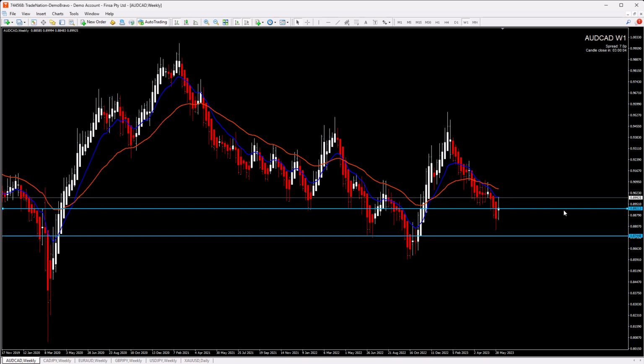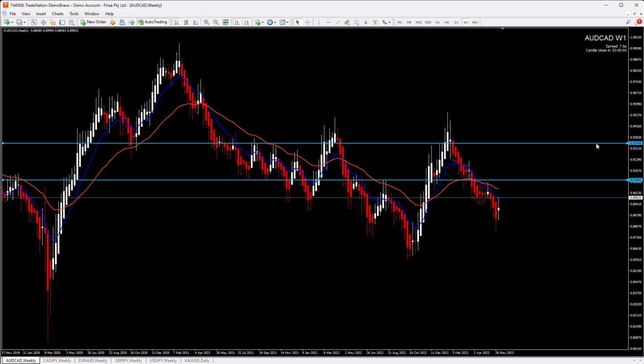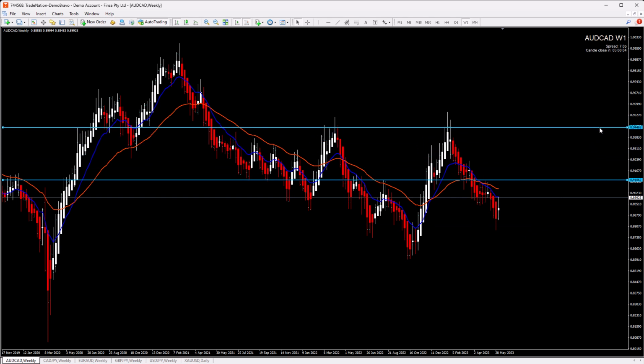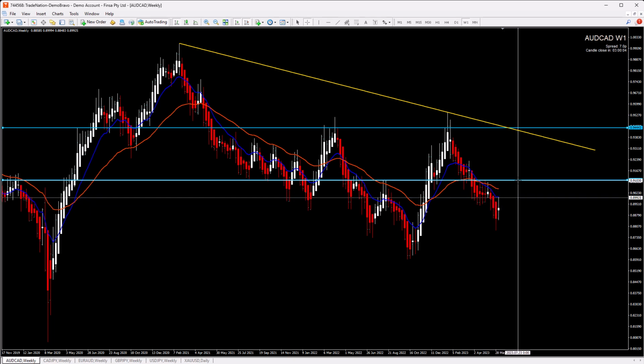On the weekly chart, because price is pushing up right now, I'm more interested in finding resistance. So on the weekly chart my resistance is here, and the next one is higher here. And of course, if we look for the trend line, our trend line is here. So now we have a possible situation that price will really continue.